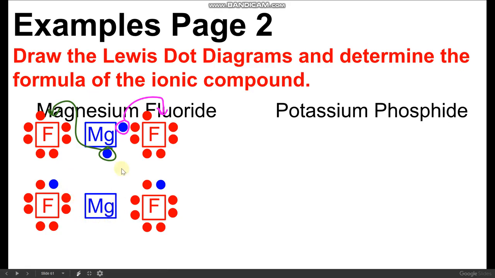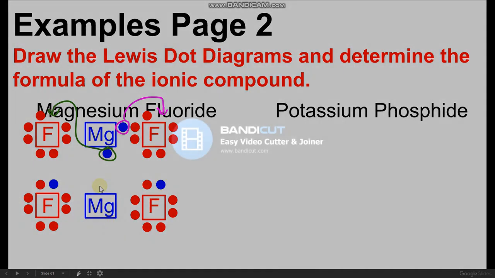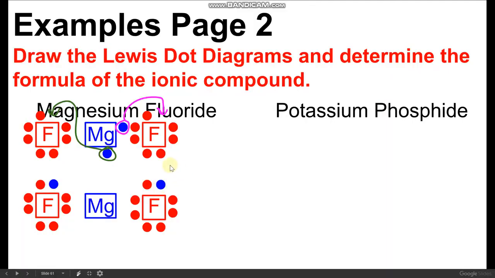And so what does that final picture look like? Well, we have that first blue dot moved over here. Second blue dot moved over here. Right? We can see this fluorine's got a full valence shell, so it's happy. Magnesium has an empty valence shell. And then this fluorine atom right here has a full orbital, so it's happy.